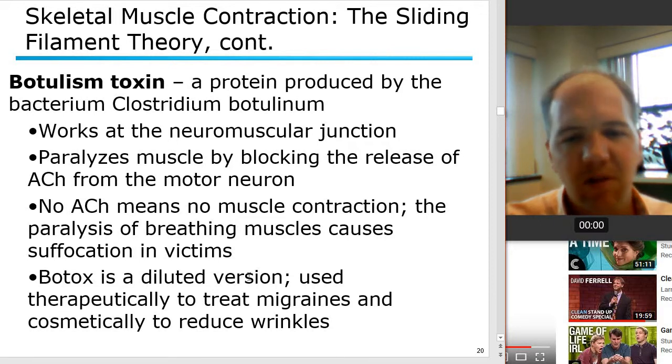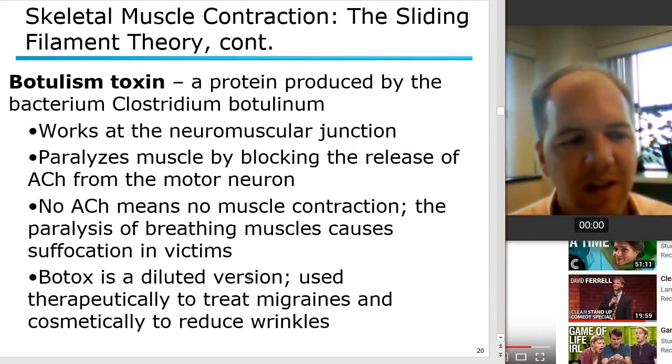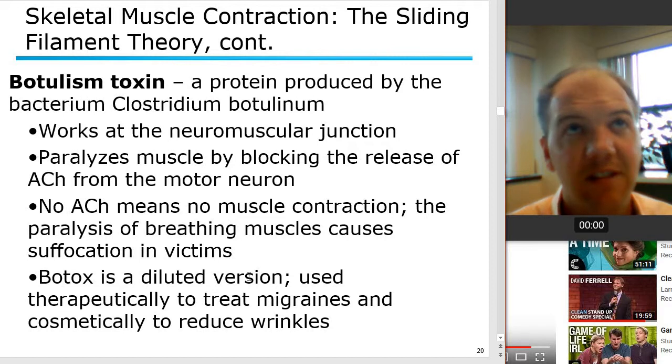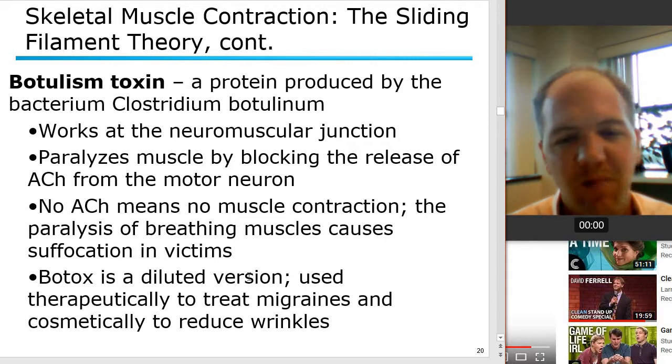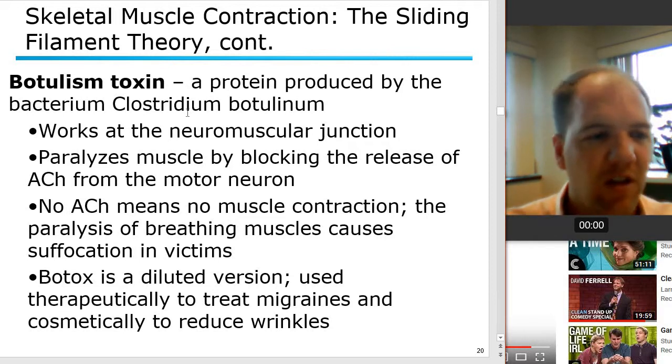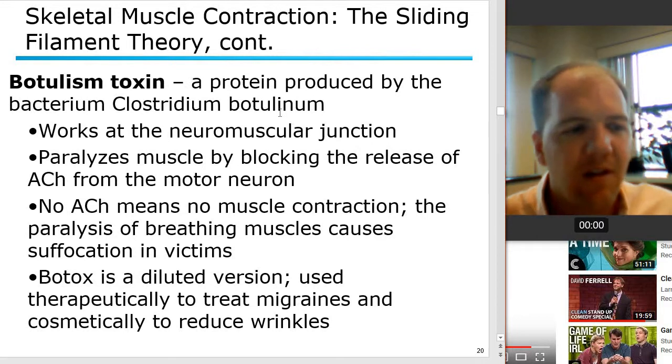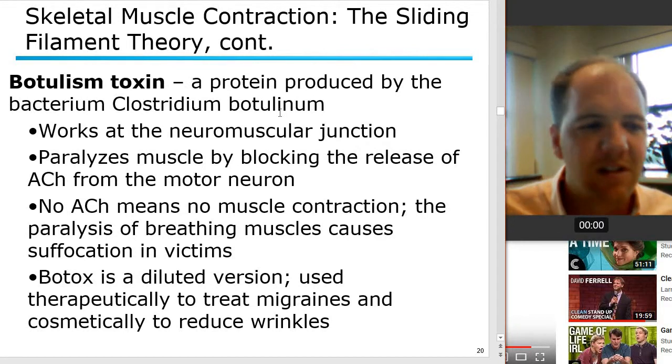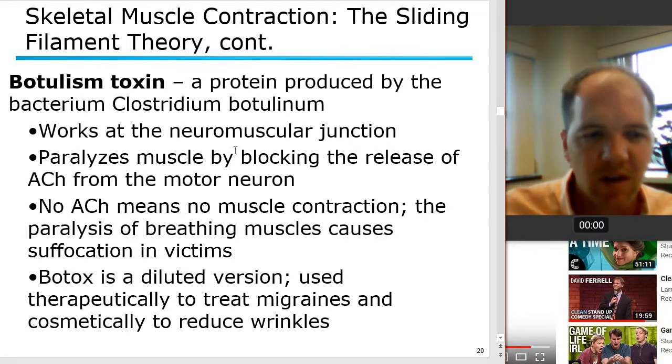Let me just mention a couple other things real quick that relate to this. One is botulism. Botulism toxin is one of the most potent poisons that is known to man. And it's produced by a little bacteria called Clostridium botulinum. This toxin affects the neuromuscular junction.